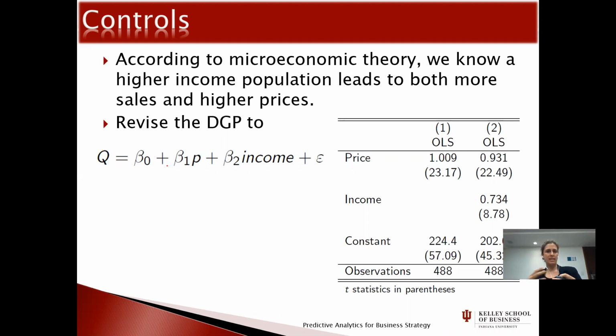So we have identified a plausible correlation of an omitted variable, income, and our treatment, prices. So ideally, what we want to do is to bring income out of the error term, having established these reasonable correlations, and now control for income.